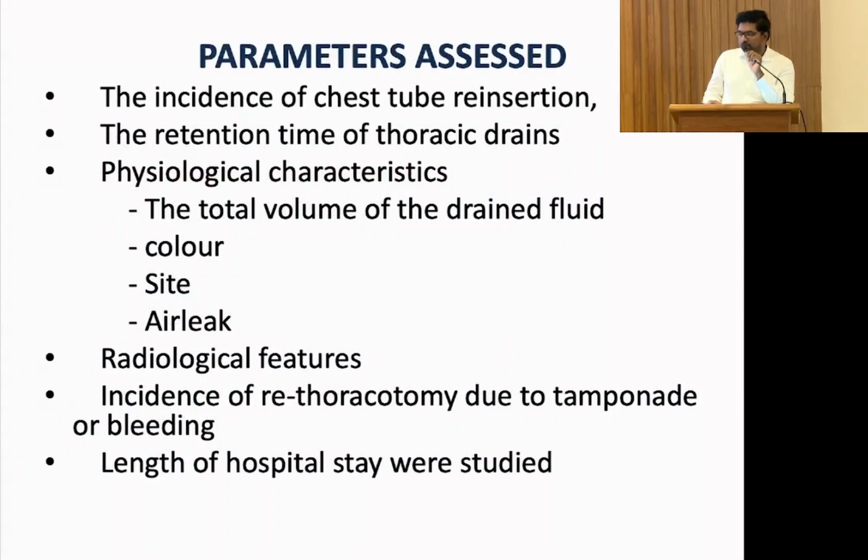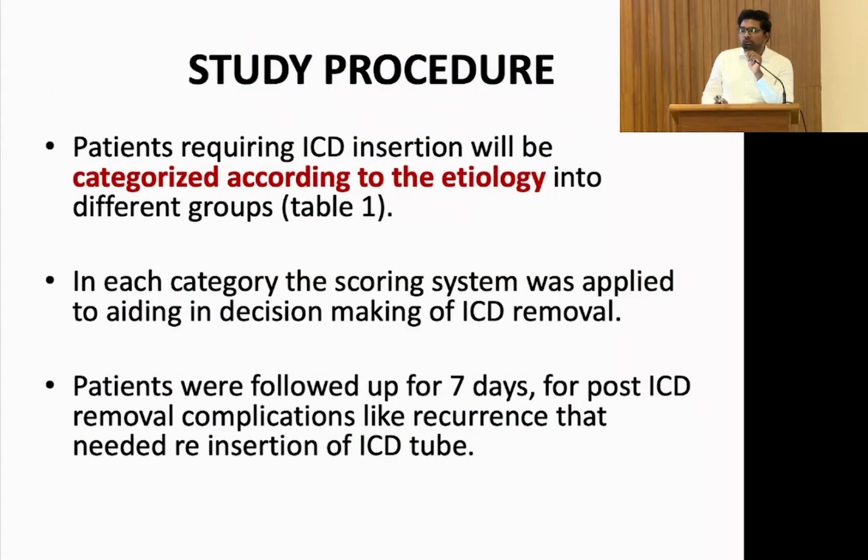So in the study, the patients are grouped into different categories based on the etiology, and in each category, the scoring system was applied to decide when the ICD is to be removed. The patient was followed up for 7 days after removing the ICD for looking for complications, preferably recurrence of the cause for which the ICD is being inserted.